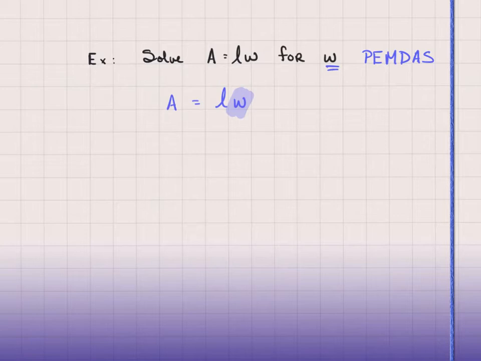In this case, area is length times width. If I want to get W alone, which is what it means when it says solve for W, it means to isolate that W, get it by itself, I have to undo whatever it's connected with. In this case, it's connected with L by multiplication. So to undo multiplication, we use the inverse operation, which is division. And so I'll divide by L, and you can see right away we get L over L, which is just a 1.